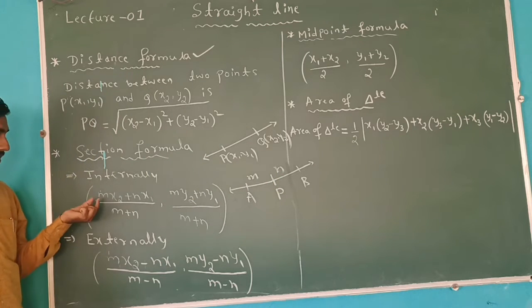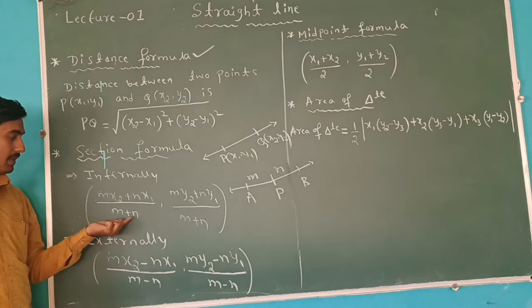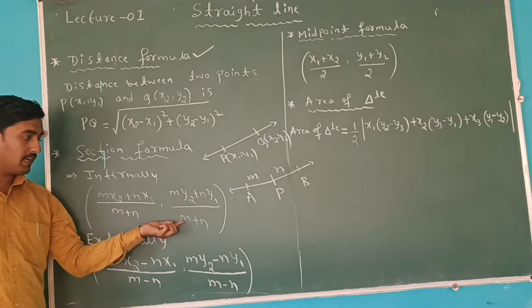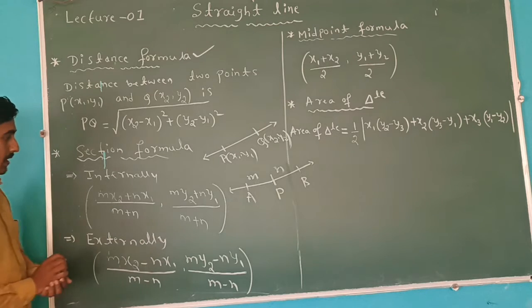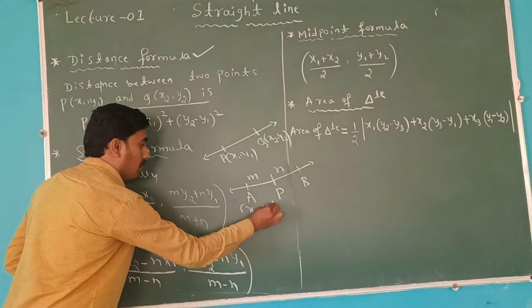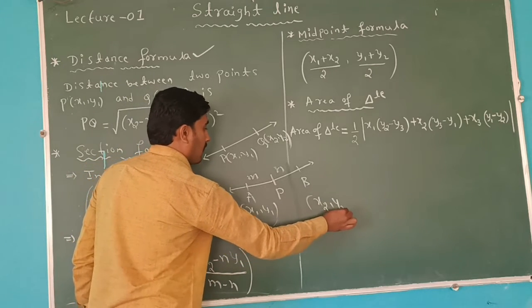Internally. Then the section formula is given by (m of x2 plus n of x1) divided by (m plus n), comma (m y2 plus n y1) divided by (m plus n). Where here A has coordinates x1, y1 and B has coordinates x2, y2.